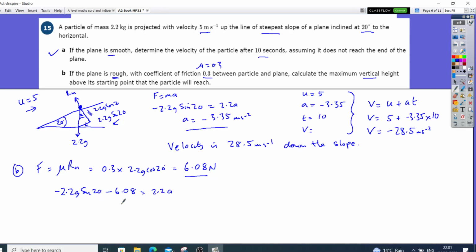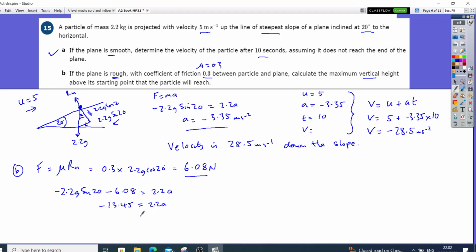So I'm just going to type this all into the calculator. You've got minus 2.2 times 9.8 sine 20 minus 6.08, which gives minus 13.45, which equals 2.2a.